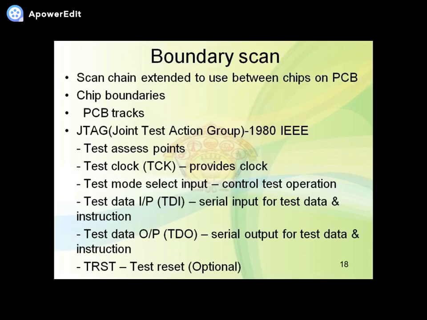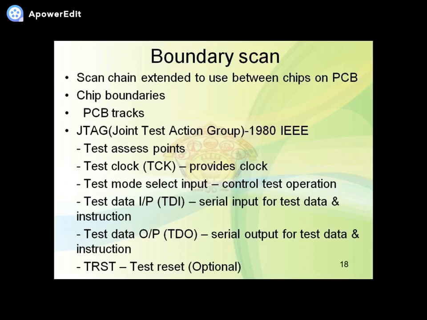The test equipment generates test vectors, and the test vectors are shifted into the scan chain. Now the scan chain flip-flops sample the external inputs as well as the outputs produced at various points, and then they are verified.